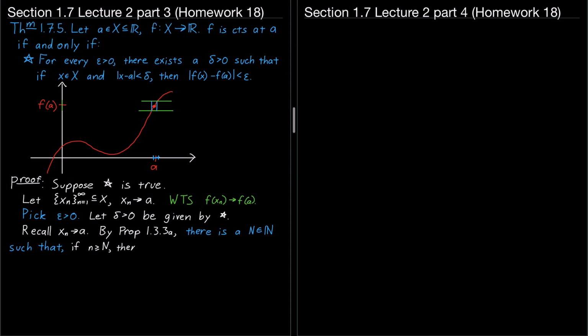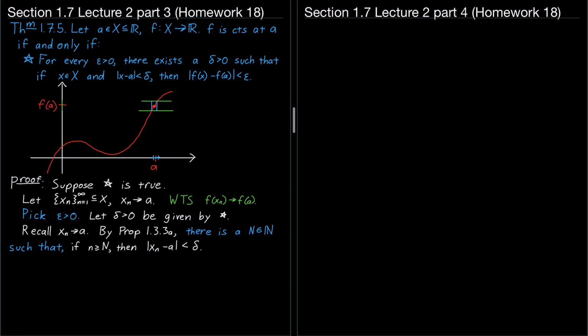then xn minus a is less than, and now we're going to say we want it to be less than delta, not less than epsilon, less than delta. And we're allowed to do this because we know it's convergent, so we're allowed to pick the positive number.